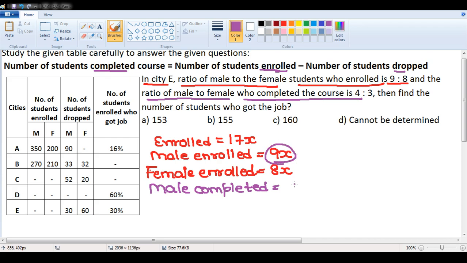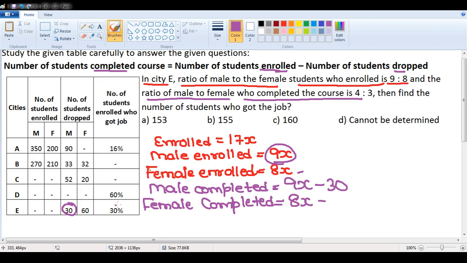Enrolled male is 9x and male dropped from city E is 30, given in the table. It is 9x minus 30. Female completed is enrolled minus dropped. Enrolled is 8x and female dropped from city E is 60.